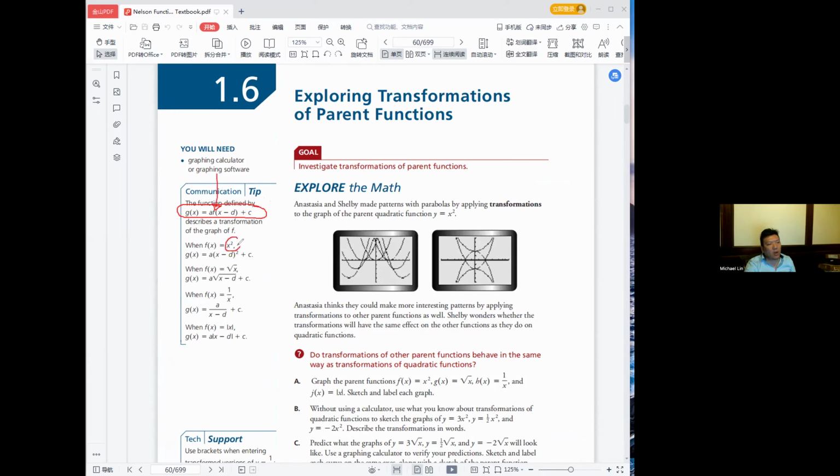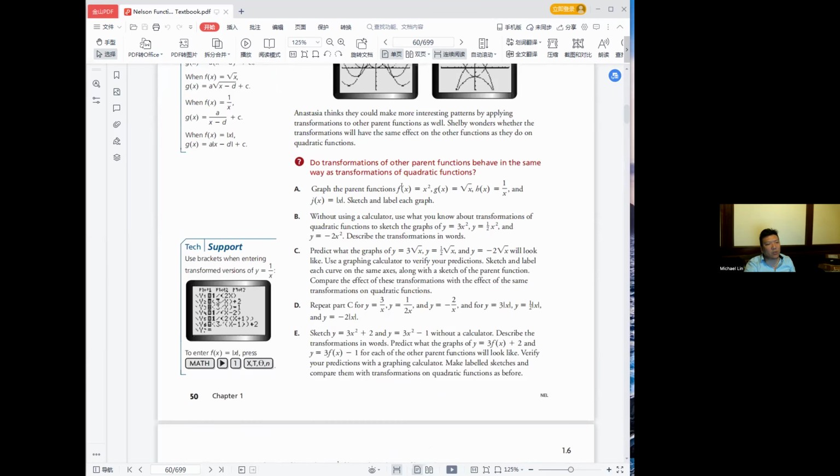It can apply to your parabola, your radical function, your reciprocal function, your absolute value function. It makes no difference which function you're using. They all still obey the exact same transformations.